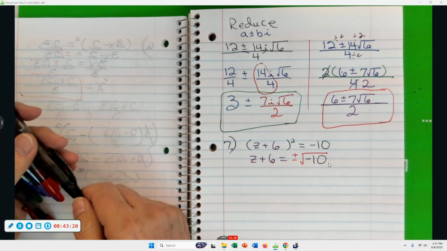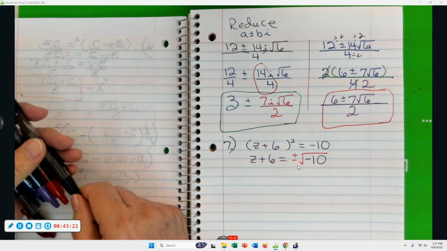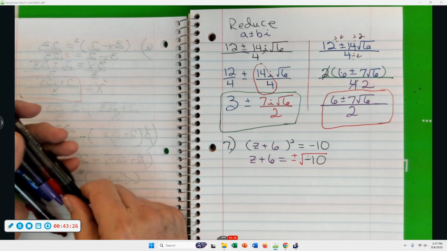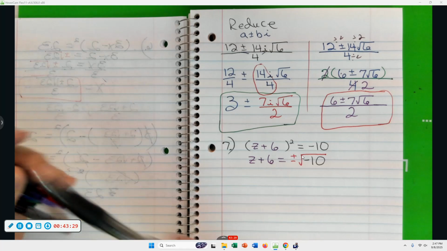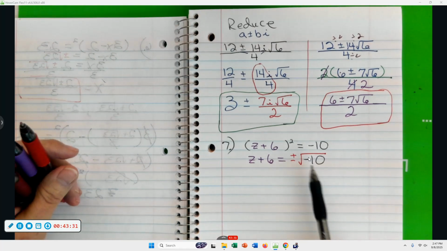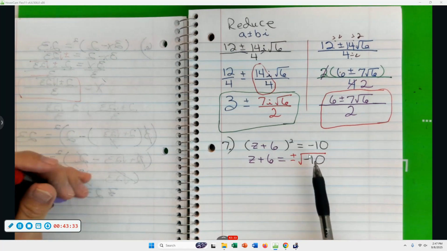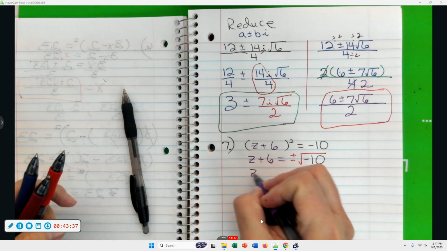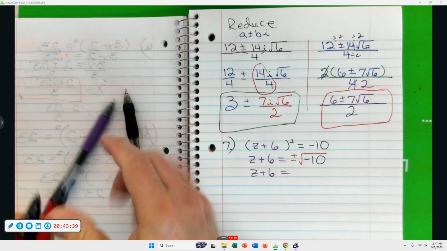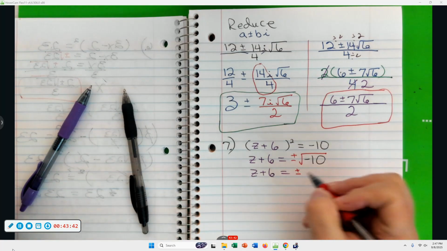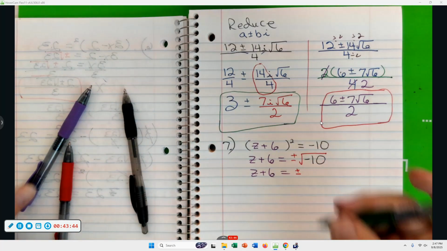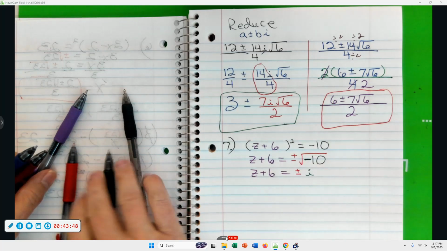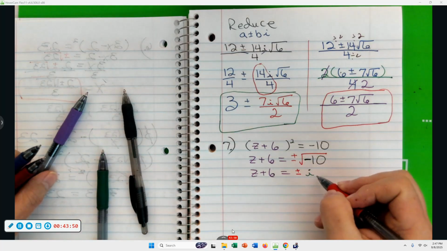I'm looking at that square root of negative 10. What am I going to have to do to that? Make it imaginary. Okay, because of that negative under the square root, I'm going to bring out the imaginary unit I. So we have Z plus 6 is equal to a plus or minus I, that negative right there is what's becoming the I. What do I do with the 10?